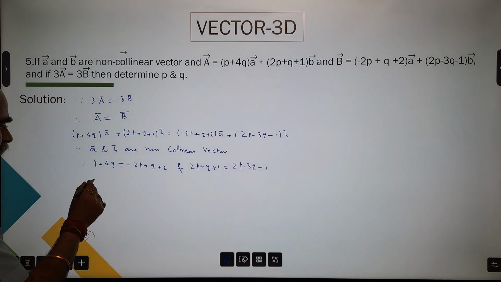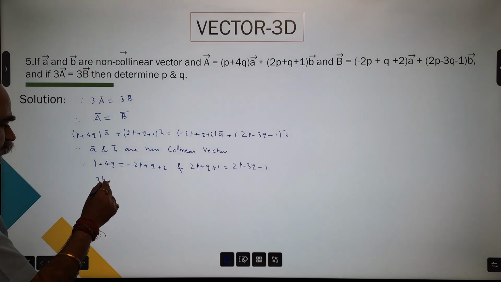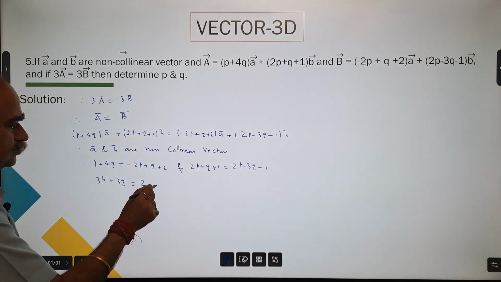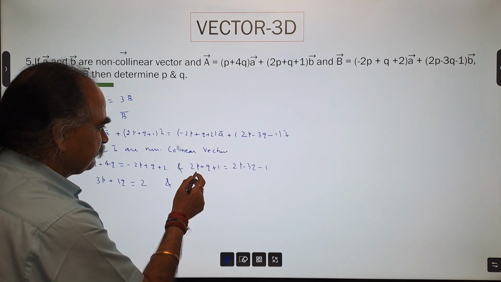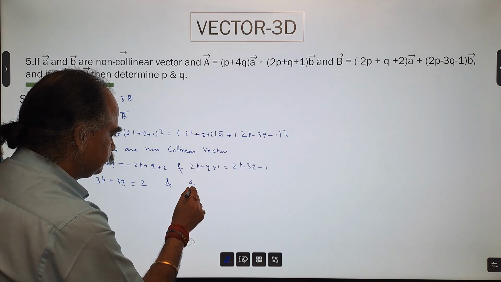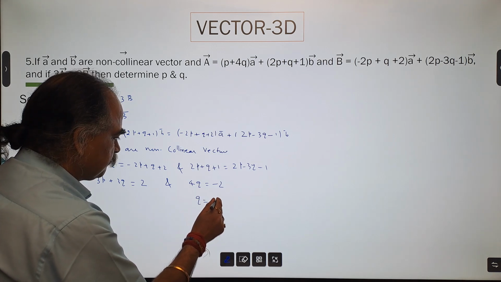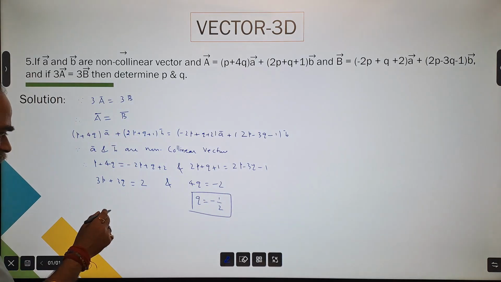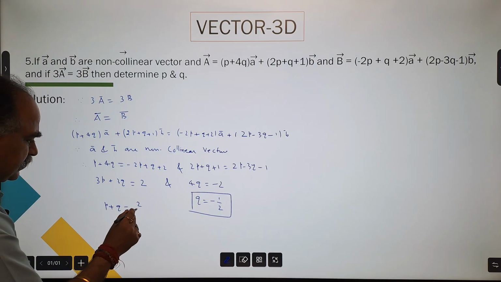2P will come on this side, will become what? 3P. 4Q minus Q is what? 3Q is equal to 2. And bring 2P and 3Q on this side. So 2P will get cancelled. So 4Q is what? Minus 2. So Q is what? Minus 1 by 2. And here P plus Q is what? 2 by 3.